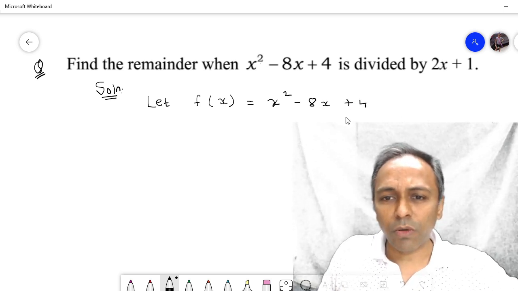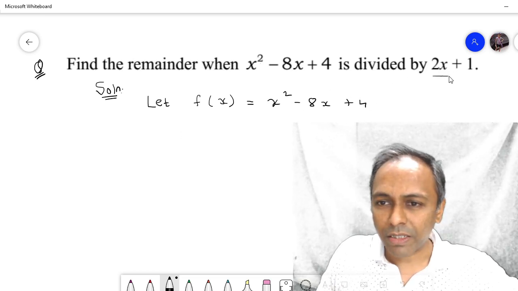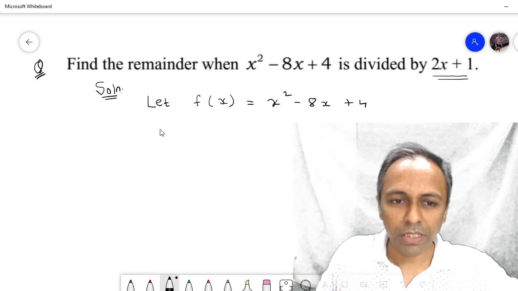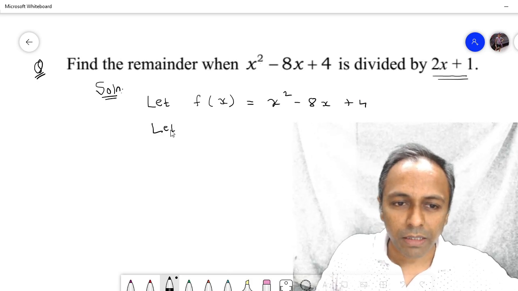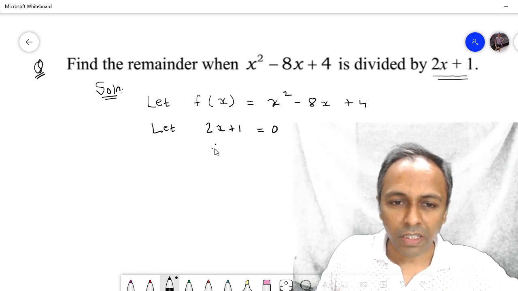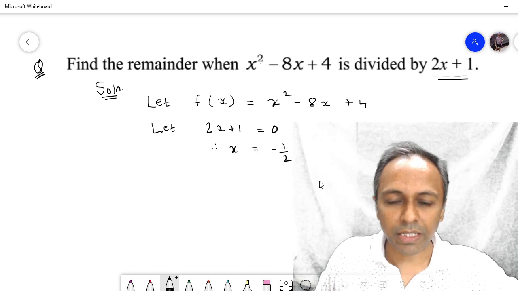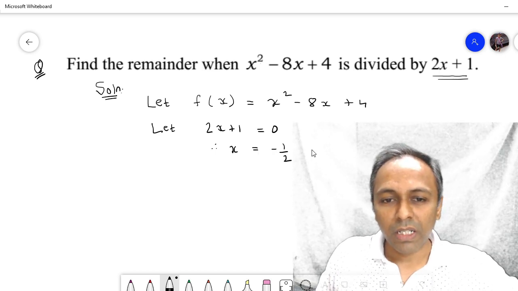So we will now be learning how to use the remainder theorem. Whatever is your divisor, which is 2x plus 1, let that be equated to 0 always. Therefore, on simplifying, you will be able to evaluate x as minus half.